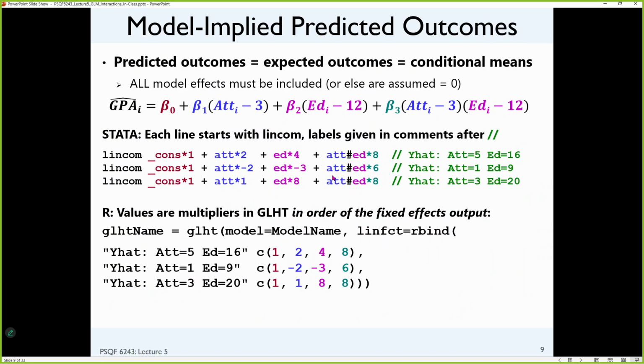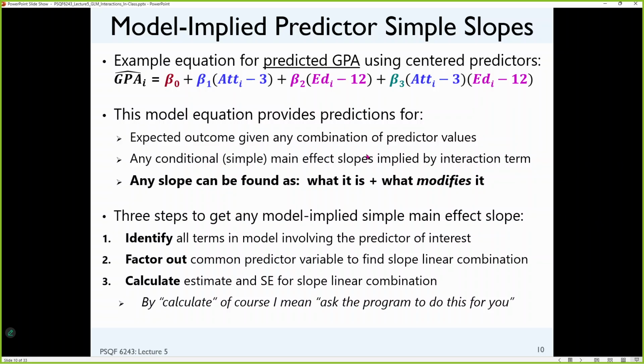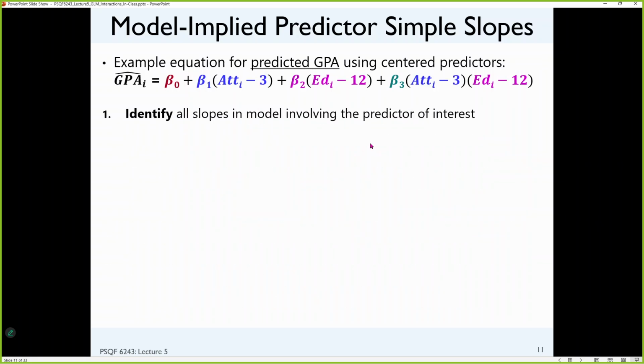So one trick in that situation, skipping ahead a little bit, is something called regions of significance to figure out where terms turn on and off. So again, the process that we walked through on Tuesday of how to determine how the model tells you what the slope of a given predictor is at any level of the moderator is: start with the slope you want, find all the terms that pertain to that variable.